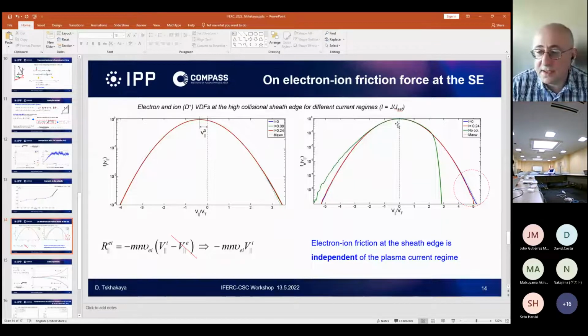So if you consider the current of electrons at the sheath entrance, this is a low density case, the green one, showing a really classical cutoff. These electrons are coming to the wall and they are absorbed, and so fast electrons are absent in the direction coming out from the wall.